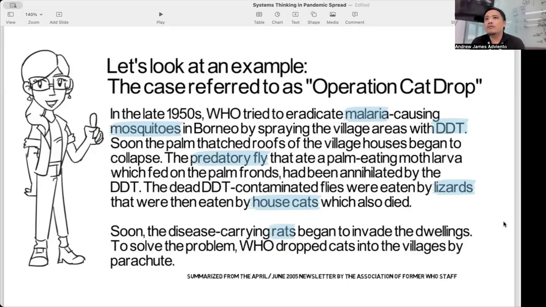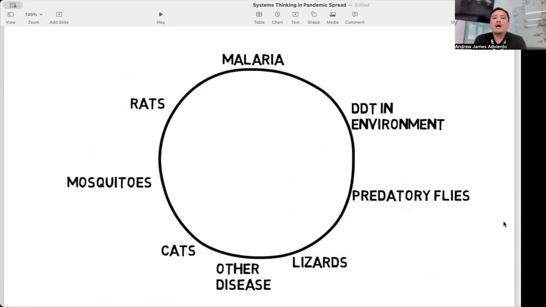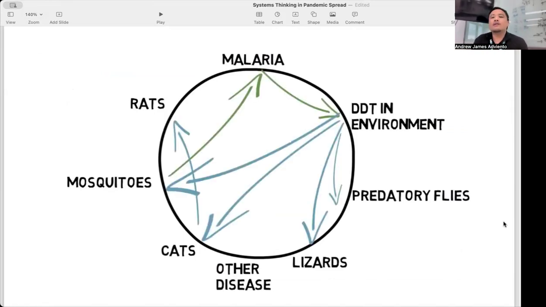Sometimes when I do the arrows, I also use different colors depending on the variables, so I know that this arrow is coming from here, coming from there. Because if they are all black or all the same color, it's confusing to track. So I put those around the circle, and then I'll start to identify their connections.